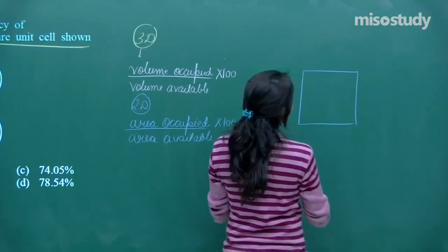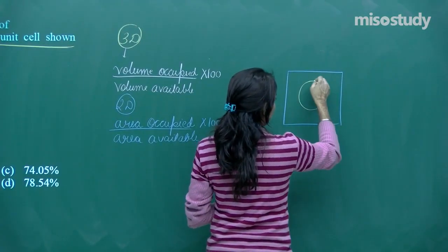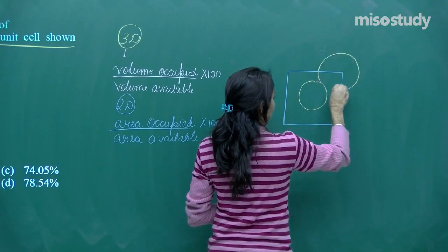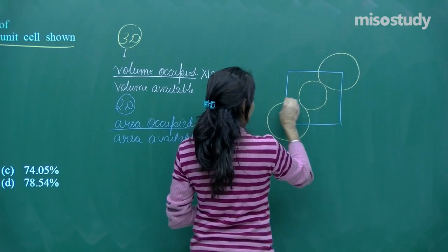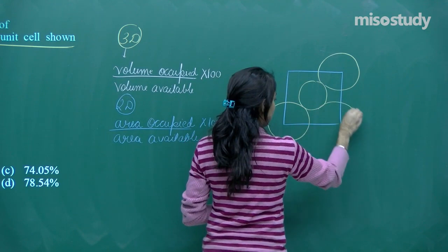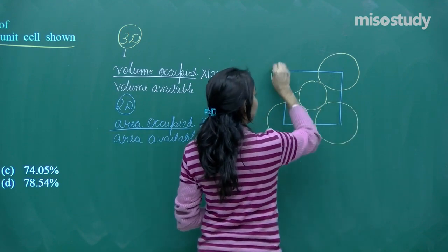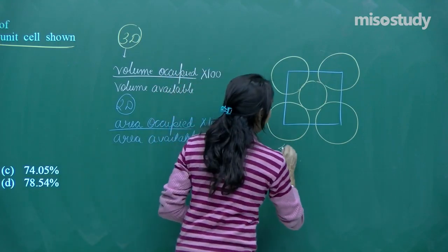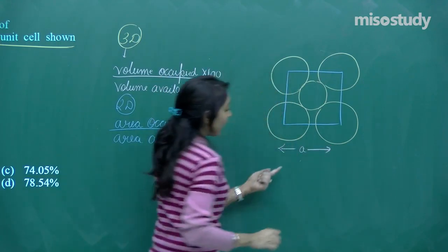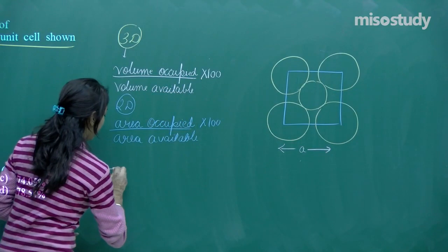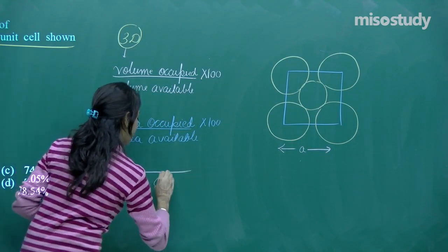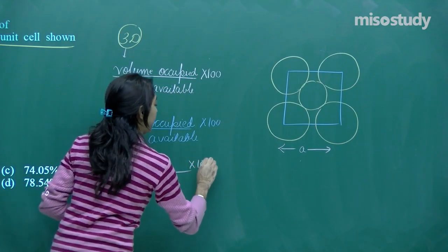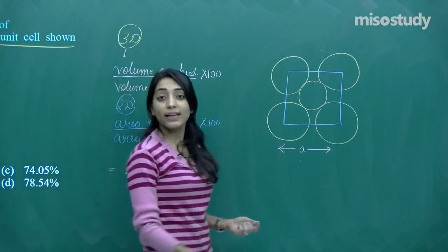So 1 is there in the center. We have 1 like this, 1 like this, 1 like this and 1 like this. Let us consider the edge length as a. So the area available is a square, multiplied by 100, and what is the area occupied?